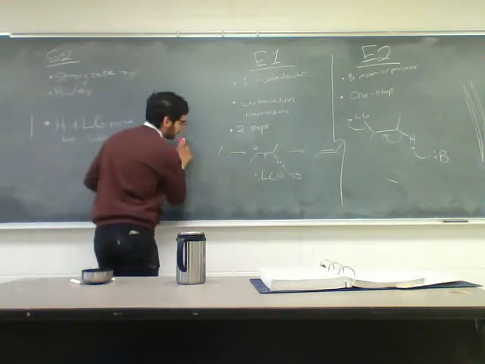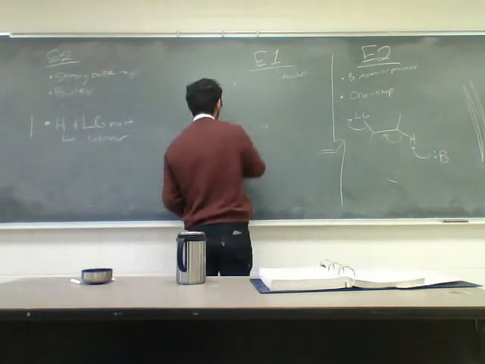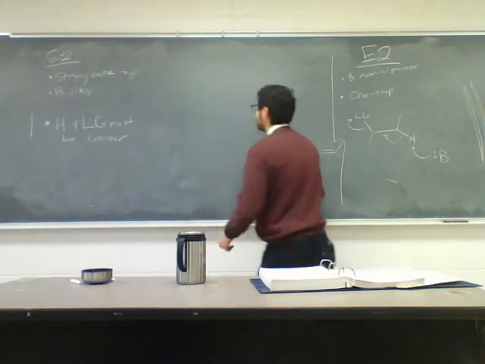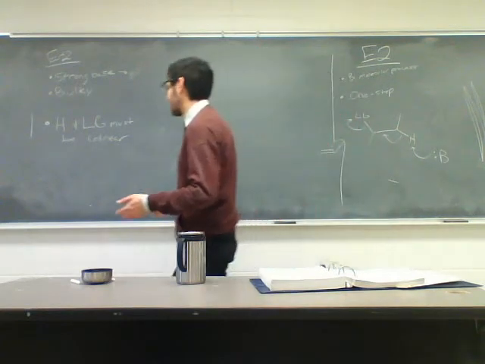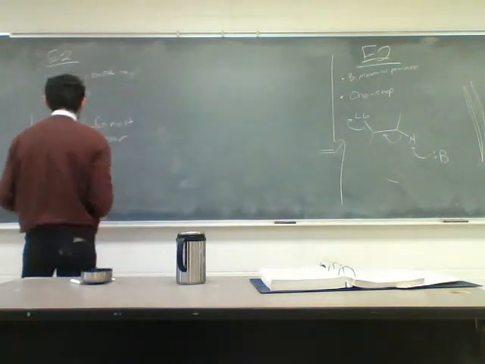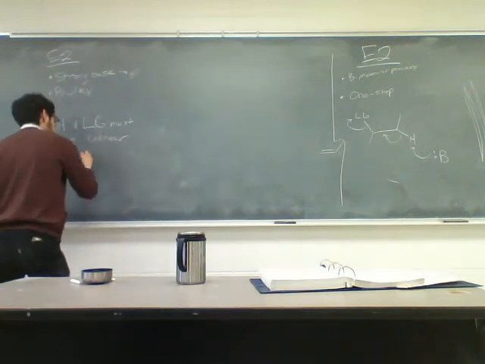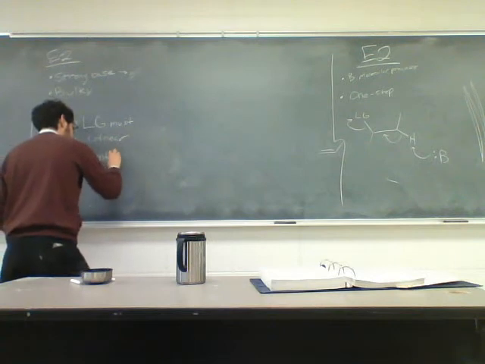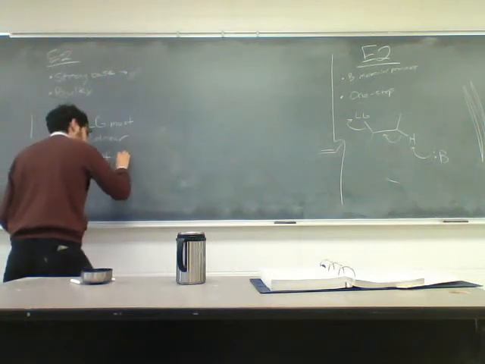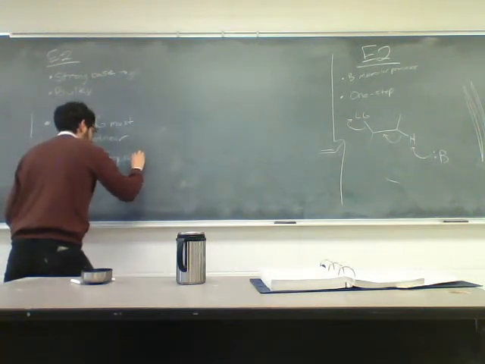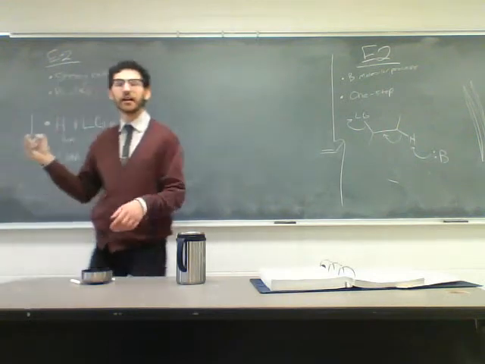What does that mean? Why am I saying collinear when really they need to be in an anti configuration? If we were going to draw a Newman projection, we would want them to be anti to one another.